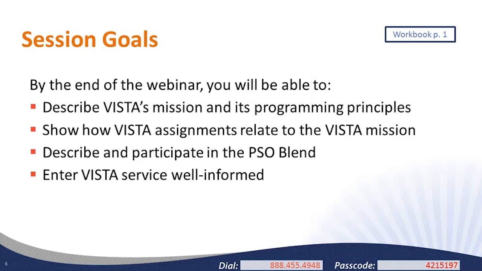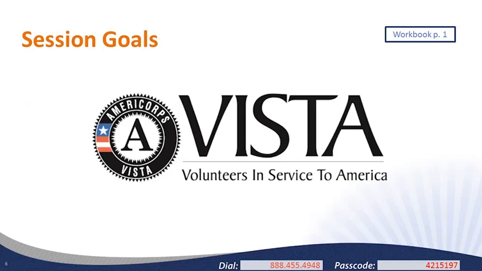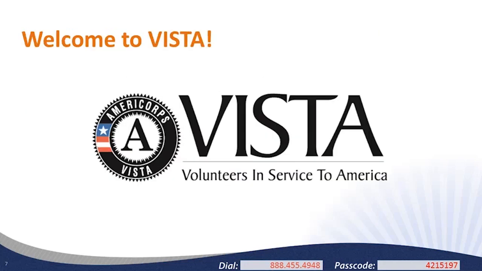Thanks, Ann. Well, before we get started on the session goals, let's first say welcome. Welcome to AmeriCorps VISTA. You're about to join a national movement with a very rich history. There are about 289 VISTA members beginning service with you on this very day, on this very call, as a matter of fact, right?